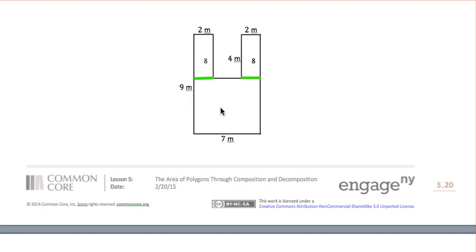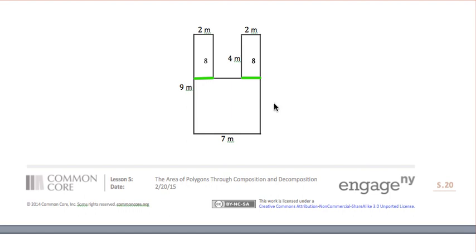And then I have a rectangle down here. Now, my length, I know, is 7. But my height is not 9. 9 is the full height of this composite figure. I can find how high this section is, however, by taking 9, the whole height, and subtracting the height of those upper rectangles.